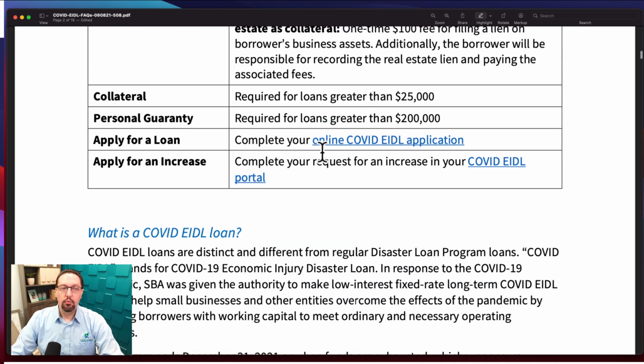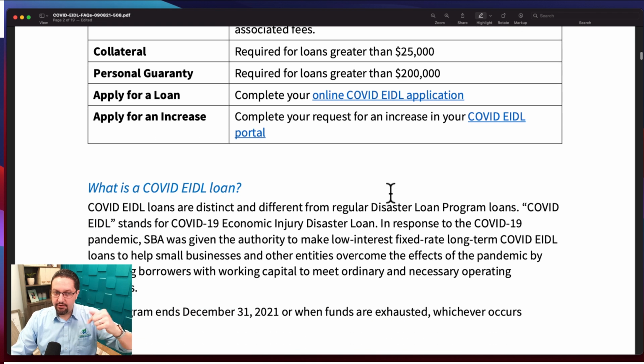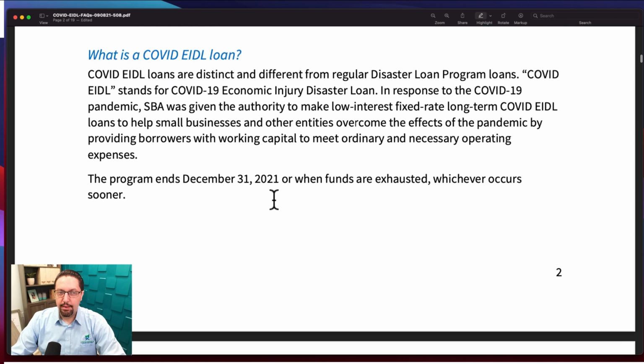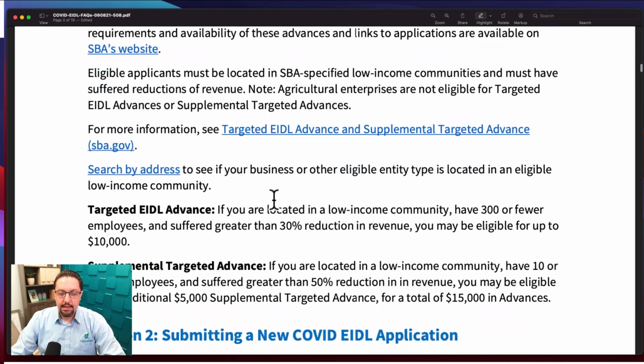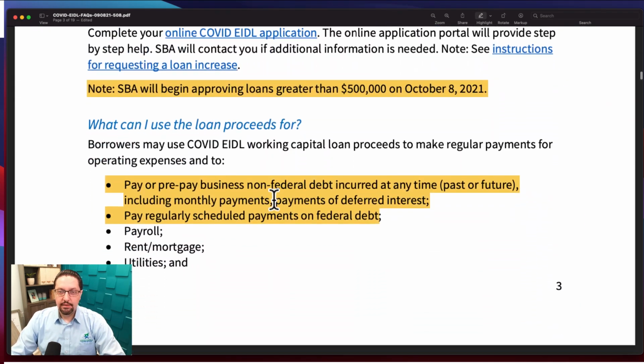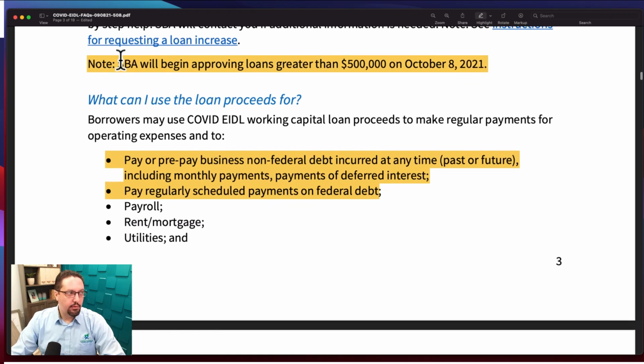It tells you where to apply for the loan. If you haven't applied for a loan, it tells you how to apply for the increase, and there's more details towards the bottom of this document. But also, see here that it says the SBA will begin approving loans greater than $500,000 on October 8th.